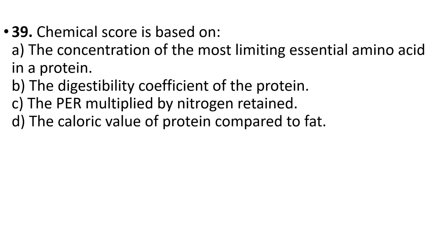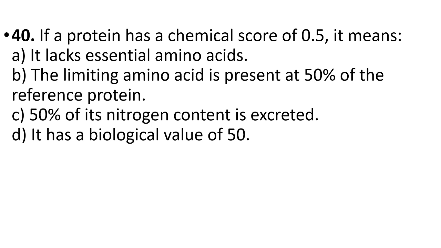Chemical score is based on the concentration of the most limiting essential amino acid in a protein, the digestibility coefficient of the protein, the protein efficiency ratio multiplied by nitrogen retained, D, the calorific value of protein compared to fat. Your answer is option A, the concentration of the most limiting essential amino acid in a protein.